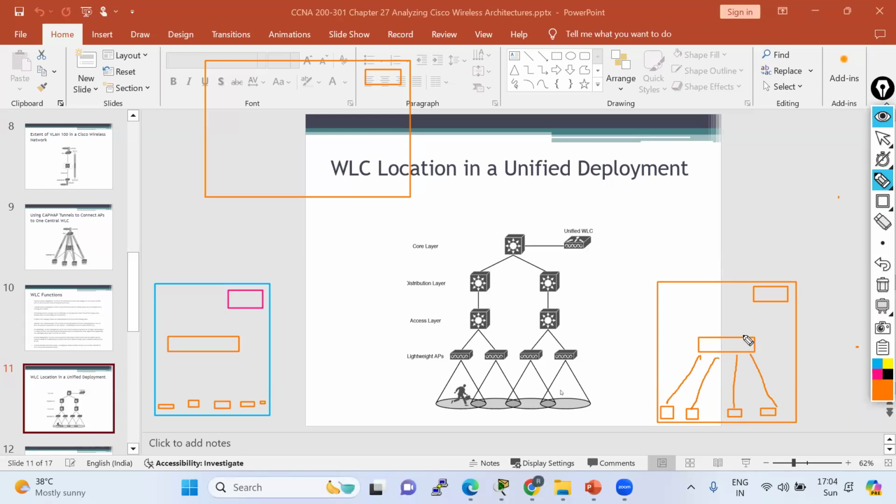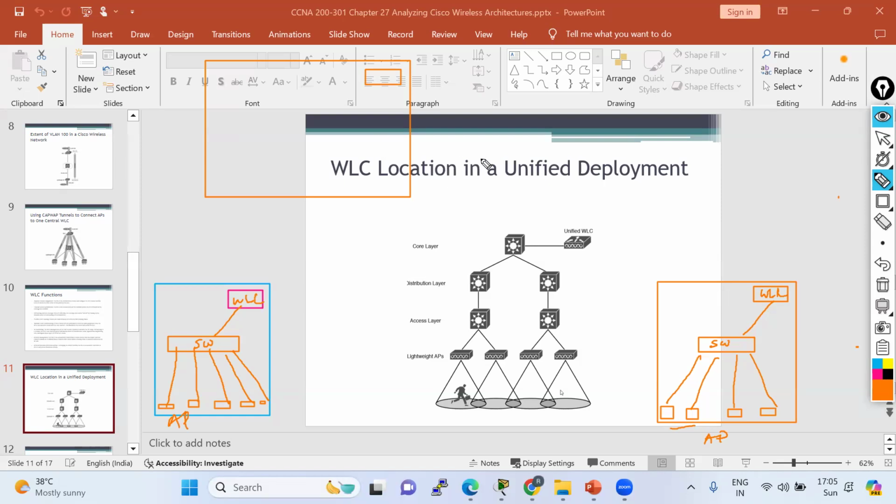Basically all APs need to join the WLC, especially when you have lightweight APs. These are all the APs, this is a switch, and this is a WLC. In this scenario the only problem is that you have to purchase more WLCs, and all APs build the CAPWAP tunnel over the LAN infrastructure. But let's suppose I want to minimize the cost.